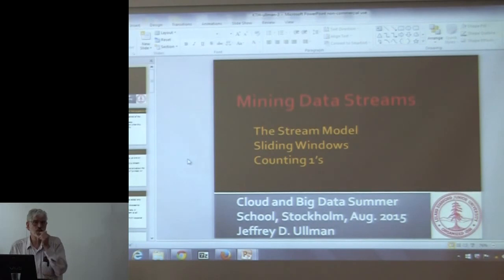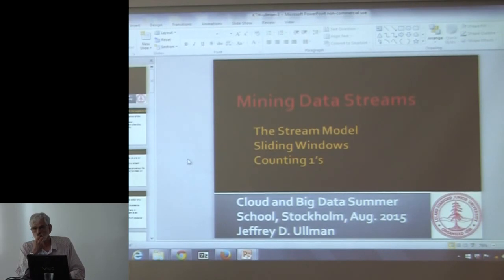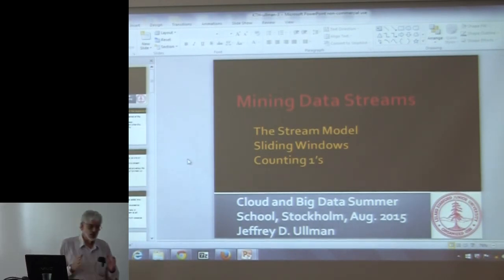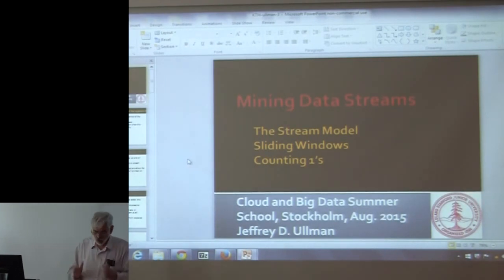But again, that's making very specific, simplifying assumptions. Another question: is counting in windows an abstraction of some application, or is it meant to be extended to solve more realistic problems? Well, it does represent counting large occurrences.